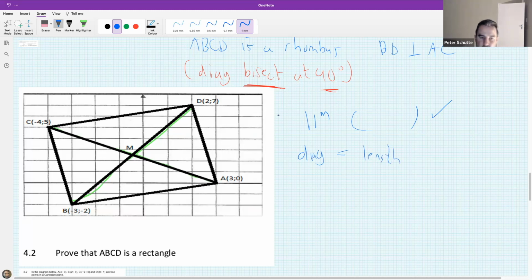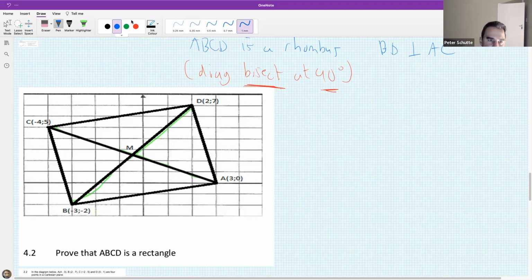Now, what tool do you think we're going to use to figure out whether or not the diagonals are equal in length? Who can tell me? Maybe someone can come online or someone can put it in the chat. Yeah, distance formula. Exactly. So to show that the diagonals are equal in length, we use the distance formula. So how are we going to prove this?